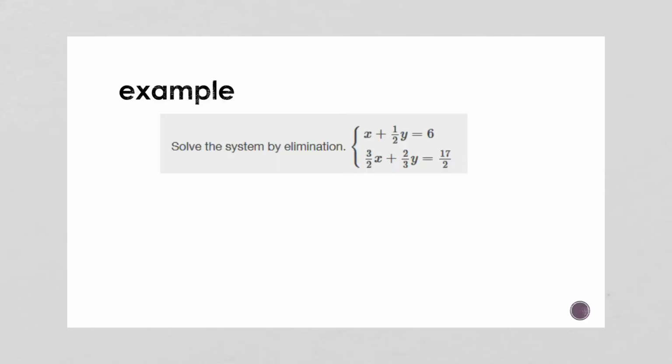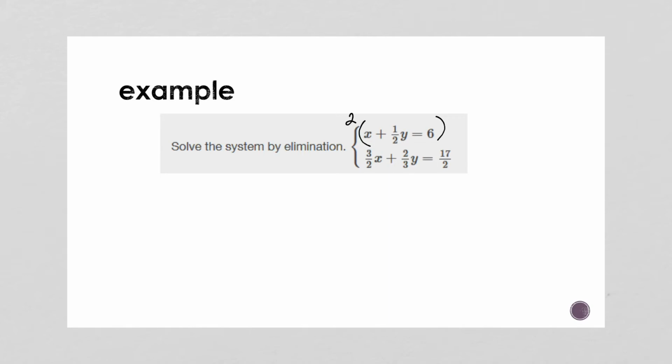All right, so sometimes we have these fractions, and they are ugly to have to deal with. So my recommendation is multiply by whatever you need to multiply by to get rid of the fractions, and then make your opposites. So to get rid of the fraction in the top equation, I would have to multiply by 2, which is your common denominator between all three of these numbers.